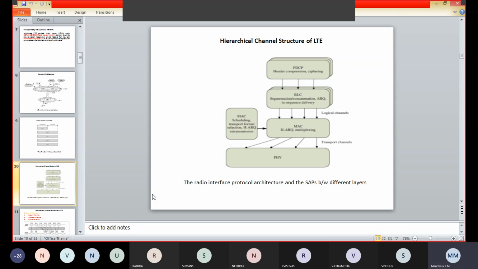Most commonly the CCCH is used during the random access procedure. Next we have the dedicated control channel, that is DCCH. It is a point to point, bidirectional channel that transmits dedicated control information between the user equipment and the network. This channel is used when the RRC connection is available, that is, the user equipment is attached to the network.